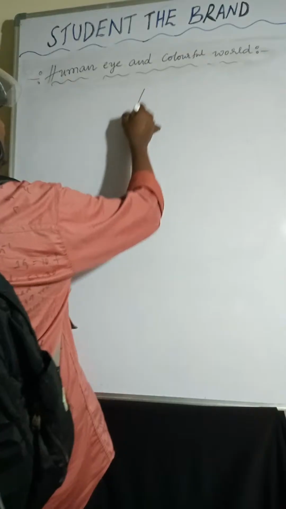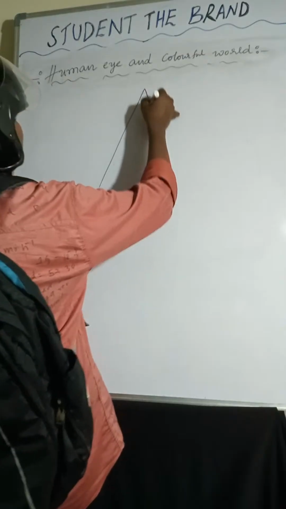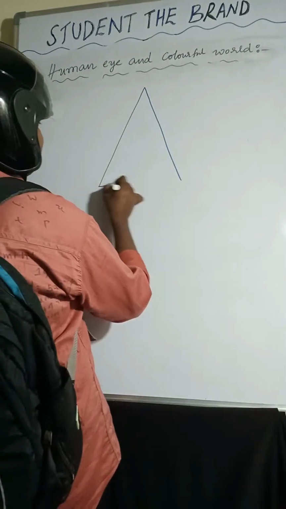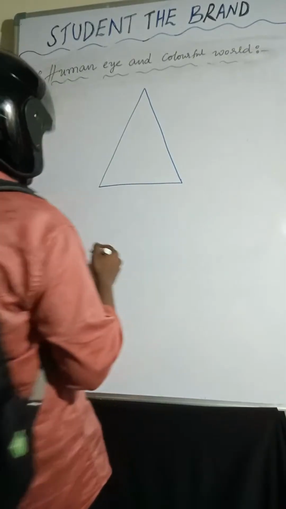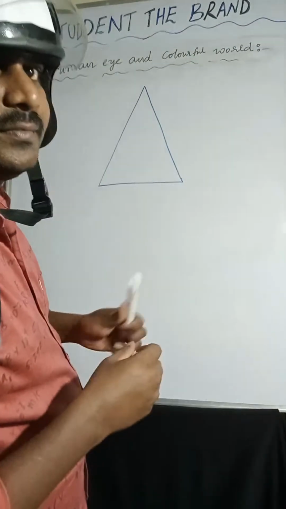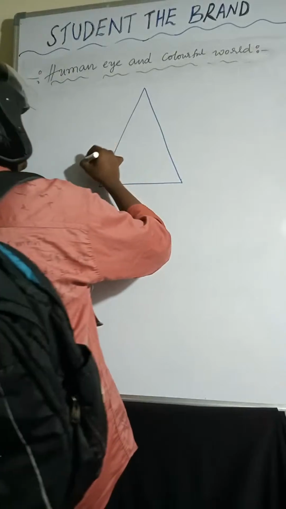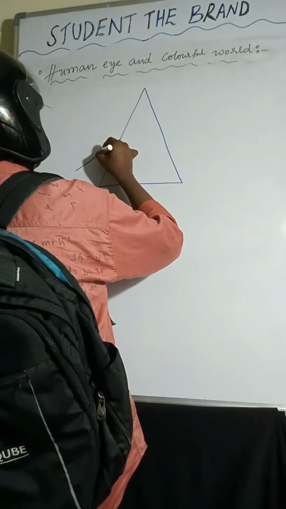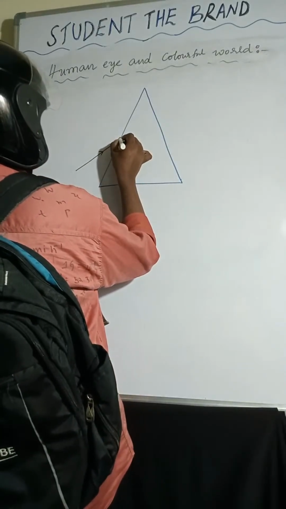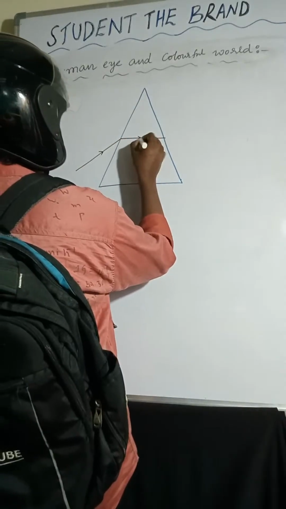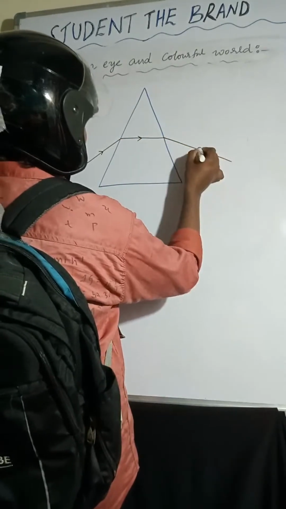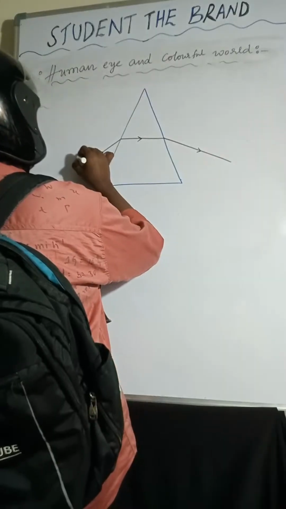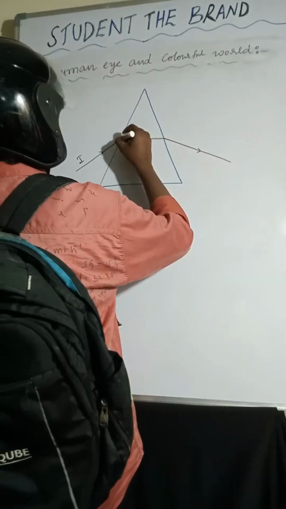So I'm taking the prism like this. Prism. Light ray is passing like this. So incident ray, refracted ray, emergent ray.